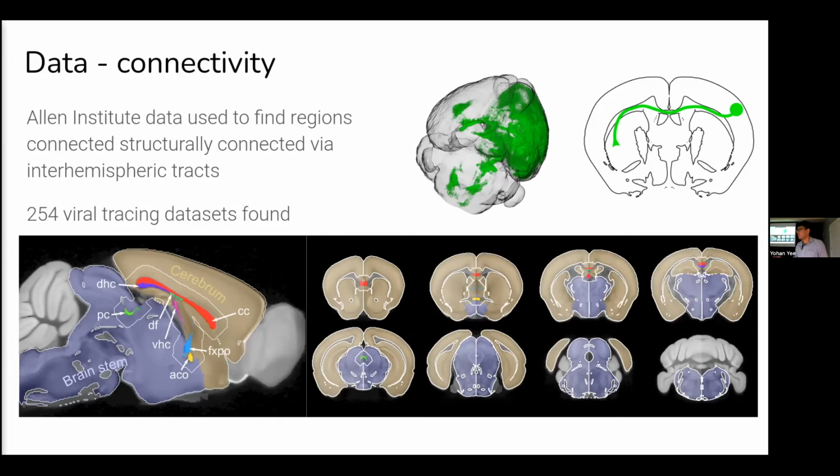So we searched through around, I think, 2,000 data sets or so, and we narrowed it down to 254 viral tracing experiments in which one side of the brain was injected and the tracer crossed to the other side. We had a few other criteria. For example, we wanted the tracer to be long enough to project far enough to avoid any distance effects.